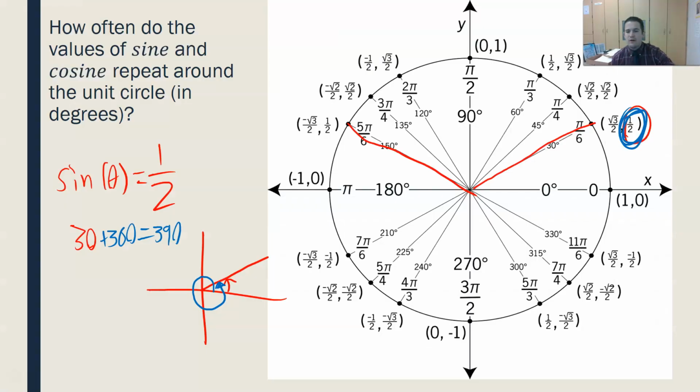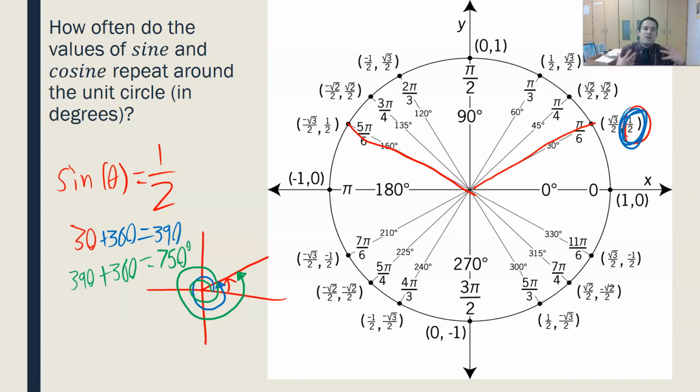What if I were to go around multiple times, more than one time? What if I went 360, 360, and then that extra 30 degrees? If I take this 390 degrees and add 360 again, 390 plus 360 gives me 750 degrees.